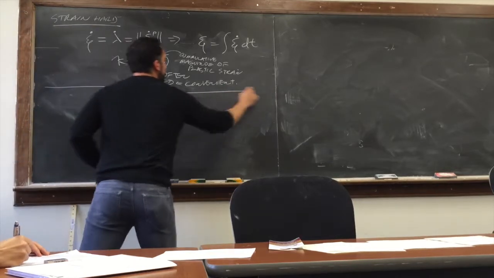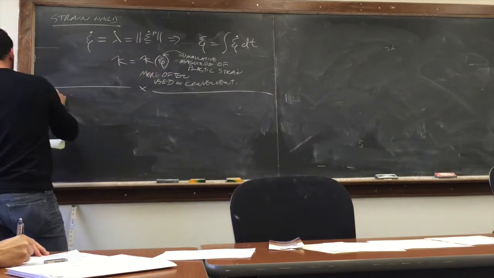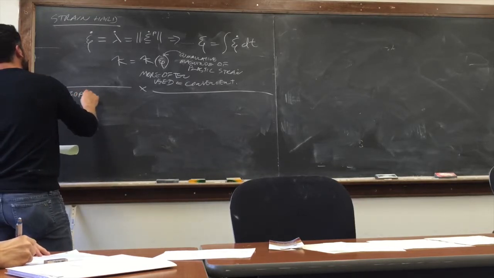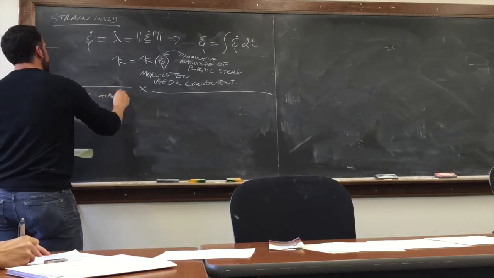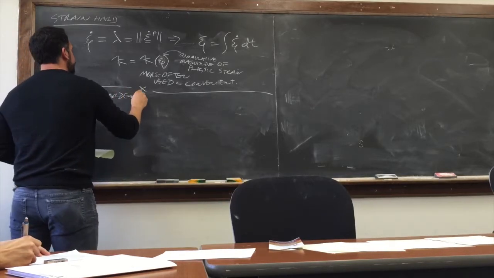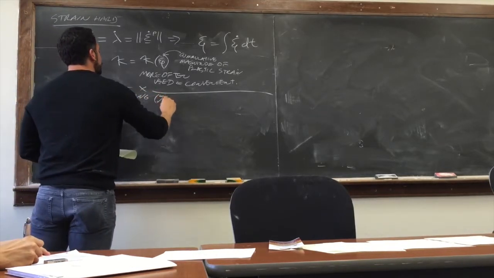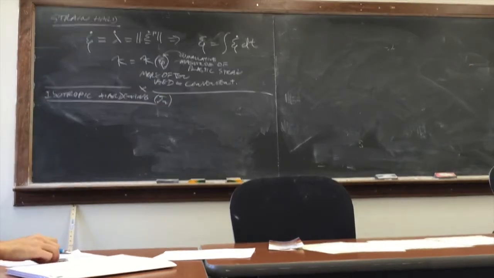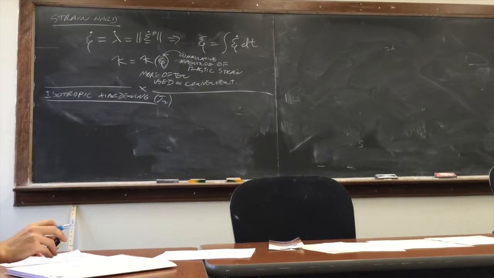So let's apply this concept to isotropic hardening for the J2 model. As I told you before, what isotropic hardening means is that your plastic surface, your yield surface, grows or contracts equally in all directions.